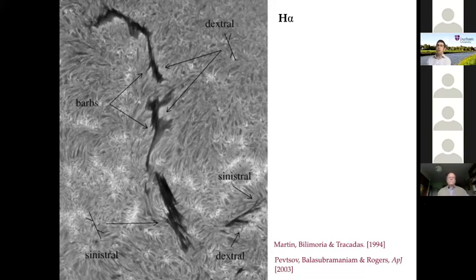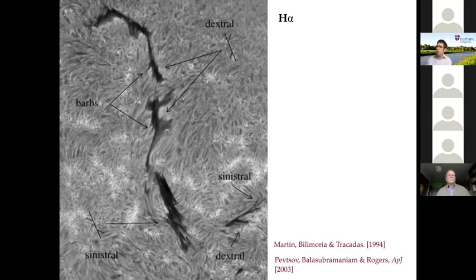So at the time we didn't have SDO, we were working with H alpha data, but data where the resolution was high enough that you could see the fibril structures. And if you can see the fibril structures, you basically know where the magnetic field is connecting down to the photosphere. And you can tell whether that's on the positive polarity side or the negative polarity side. And you can infer the structure of the filament.